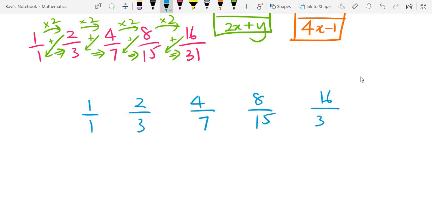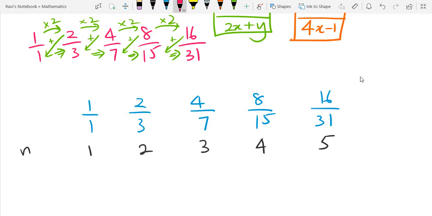Let's write down the n value. For the first term n is 1, second term n is 2, n is 3, n is 4, n is 5. What is the relationship that we can observe?